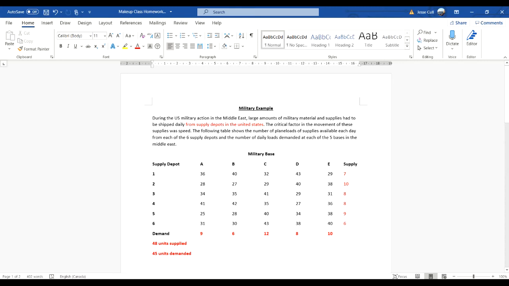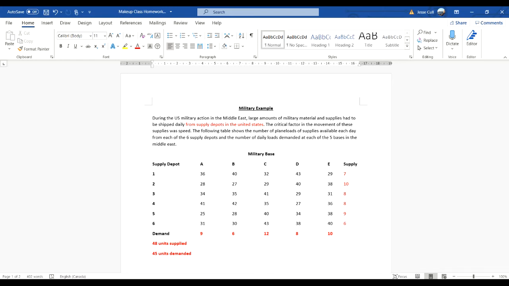One thing we have to consider is, is this a balanced or unbalanced question? Meaning, if it is balanced, there is exactly enough supply as there is demand. If it is unbalanced, either supply or demand is unequal.